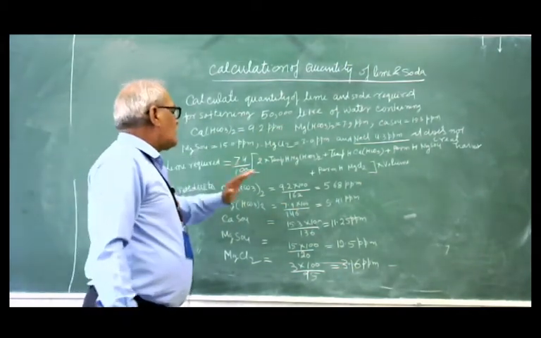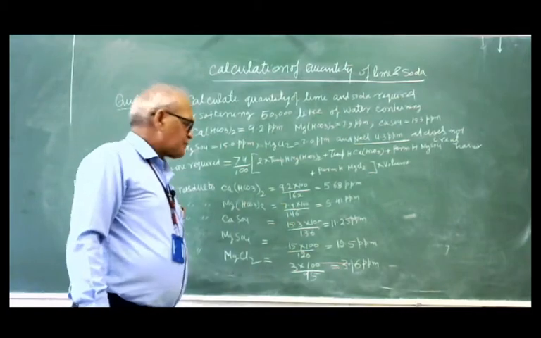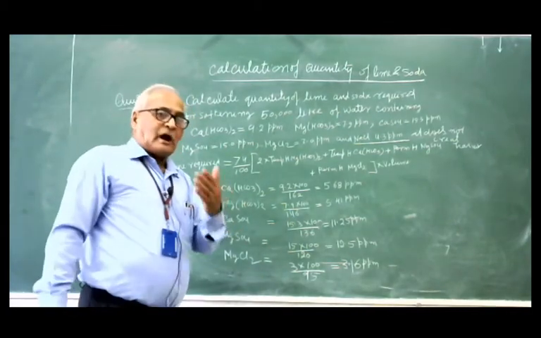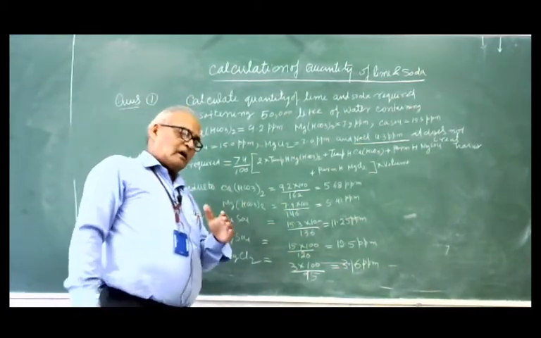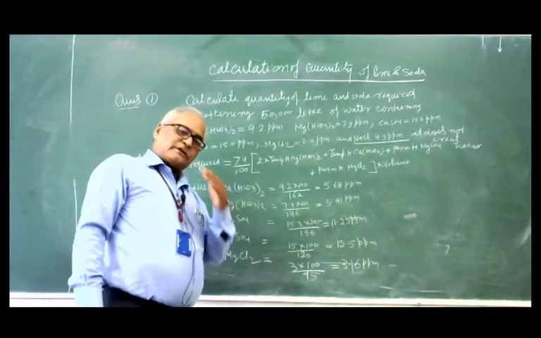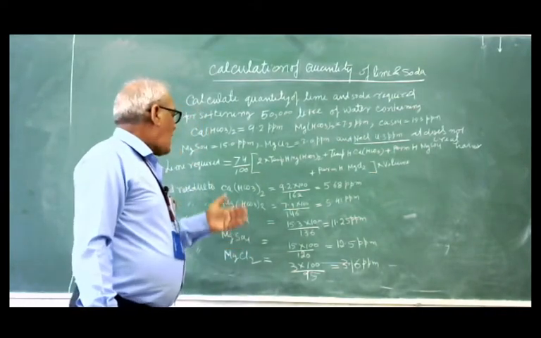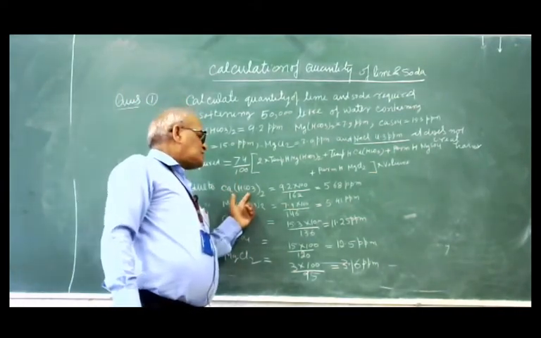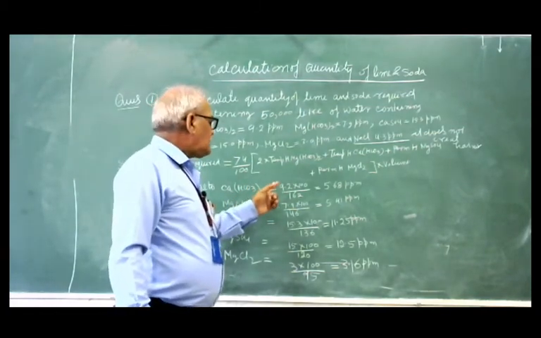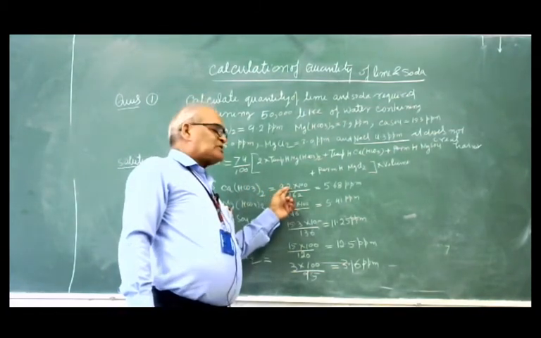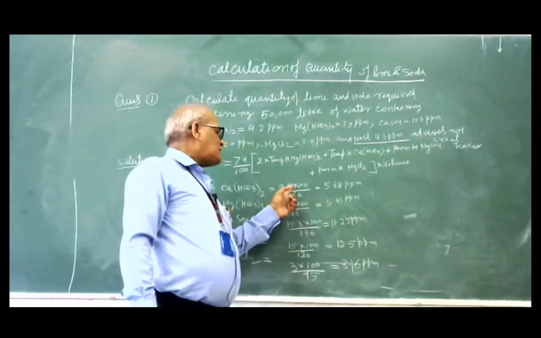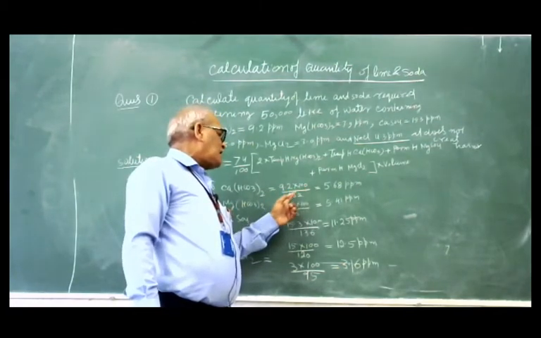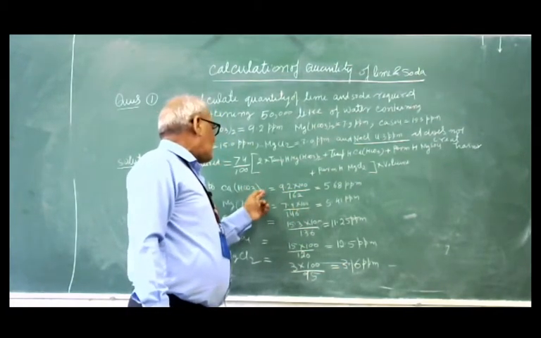First of all, you have to calculate hardness created by the different salts dissolved in water. How to calculate hardness? Already it has been taught that hardness due to any salt is quantity of the salt dissolved multiplied by 100 divided by molecular weight of the salt.